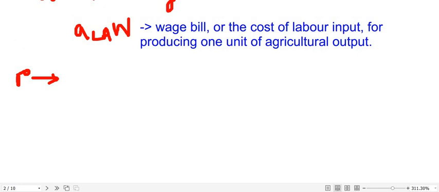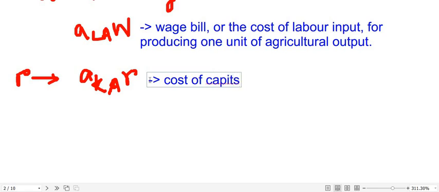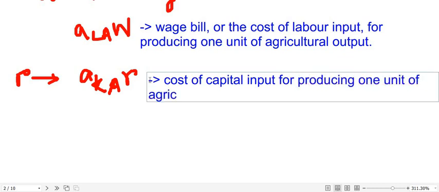So for every unit of capital we need R. So for aK units of capital we will need aK into R, basically that will be the capital cost. So I can write aK R is essentially the cost of capital input for producing 1 unit of agricultural output.